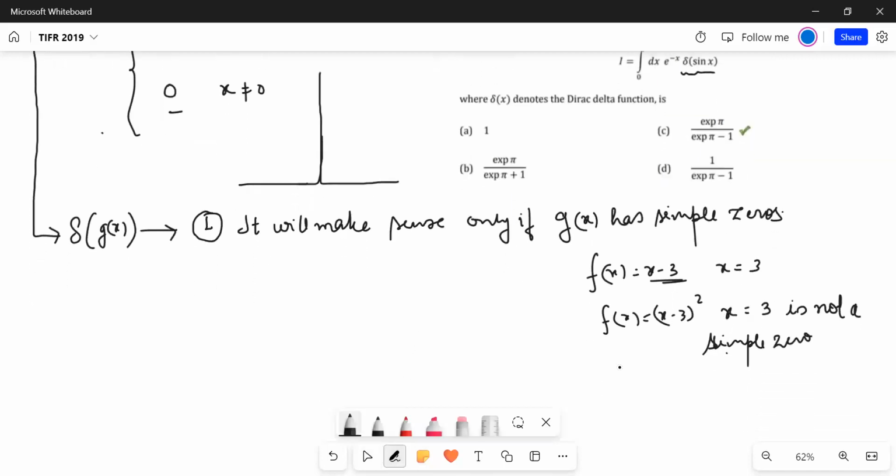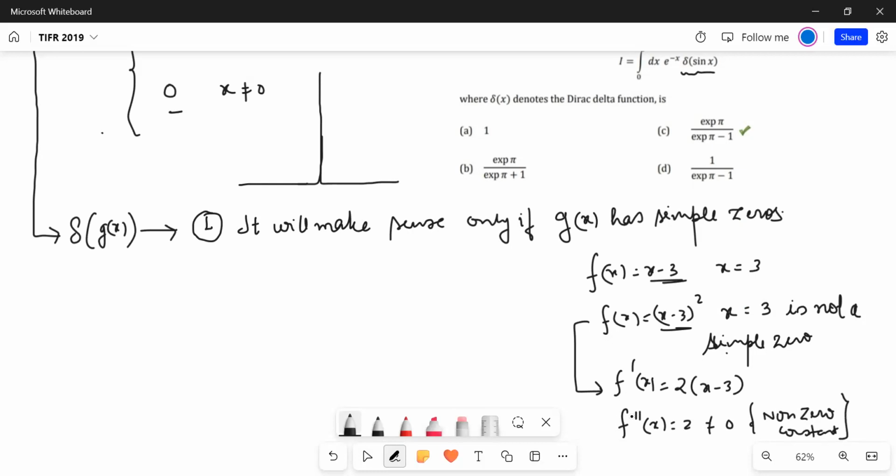Another thing that I need to write here is, what do we mean when we say that there is a repeated zero? For example, if you take the derivative, again you will find that x equal to 3 is a 0. And if you take the double derivative, you'll find the answer is 2, that is, a non-zero constant.